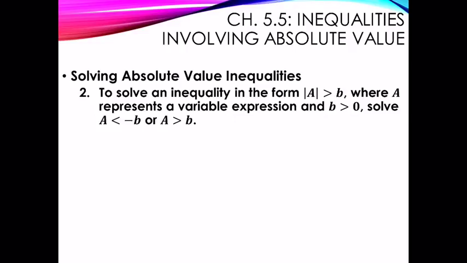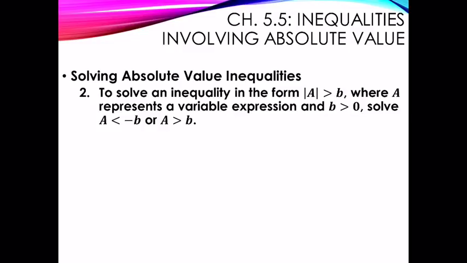Okay, our next option says that to solve an inequality in the form absolute value of A is greater than B, where A represents a variable expression and B is a number greater than 0, we will solve two separate inequalities.